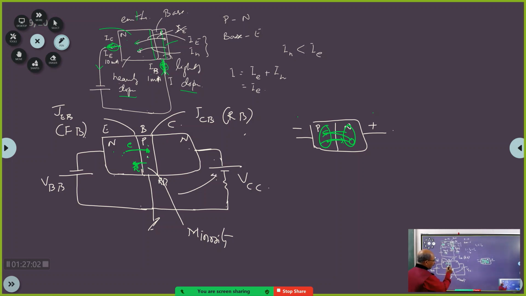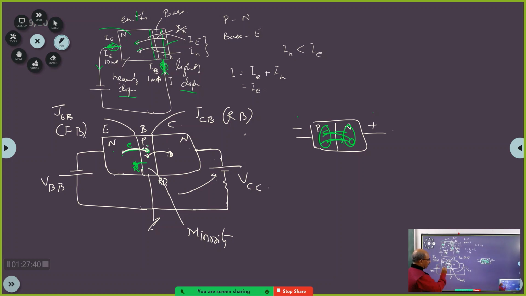It will energize these electrons that have come here to move across. This side has emitted the electrons into the base region. And this reverse bias will say, oh, electrons are coming, welcome. They will start welcoming them this way.